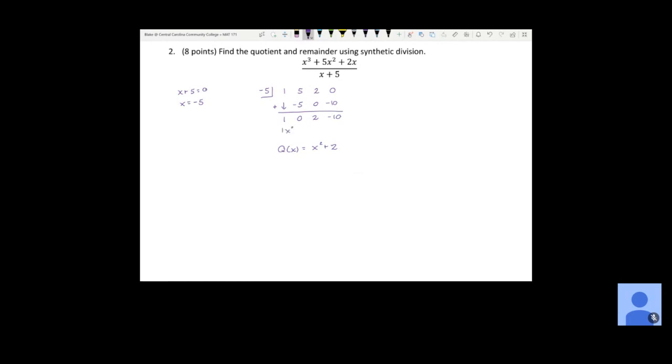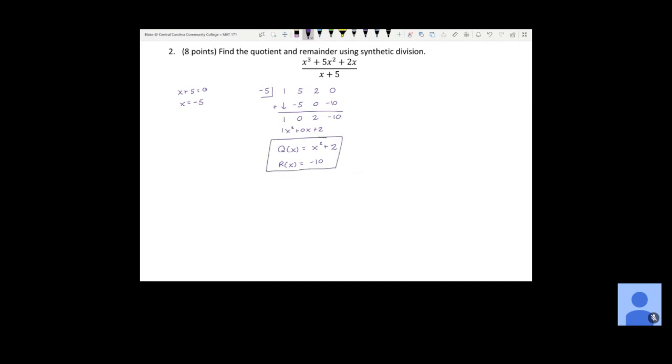So this is 1x squared plus 0x plus 2 is going to be our quotient, which we can just simplify to x squared plus 2. And that means our remainder is what? The -10. Good. And so this is our answer here.